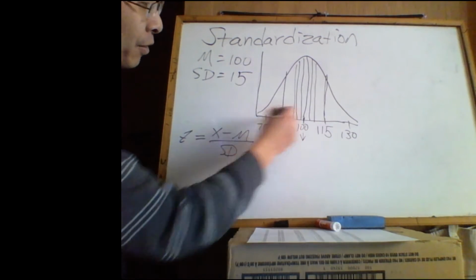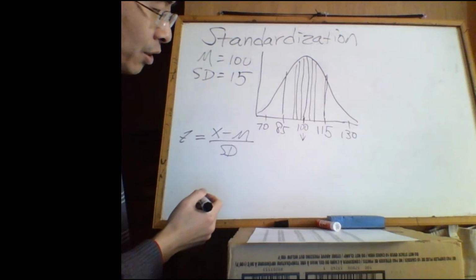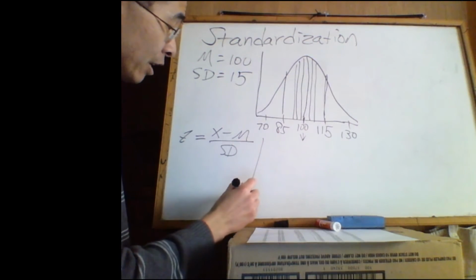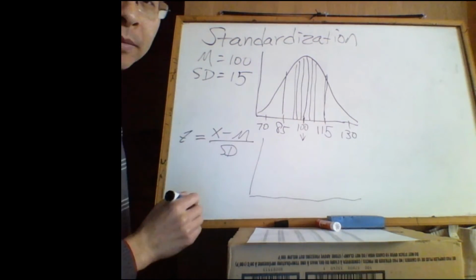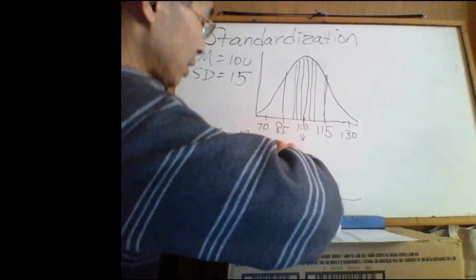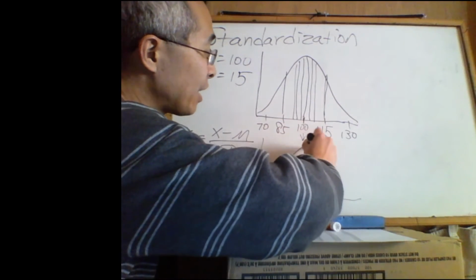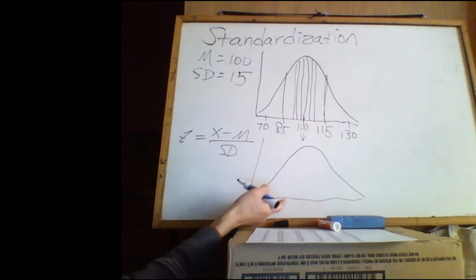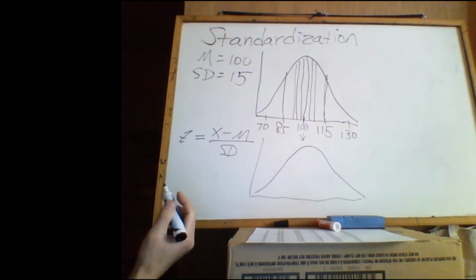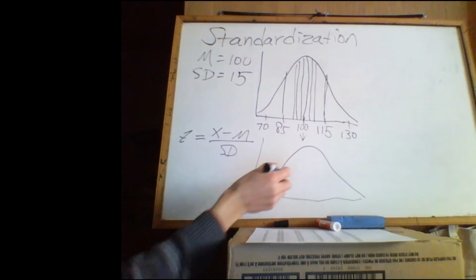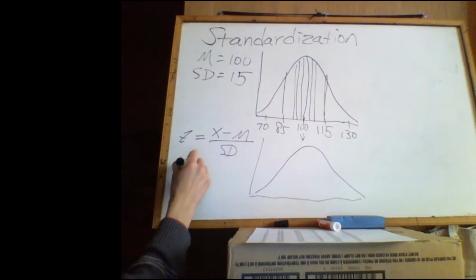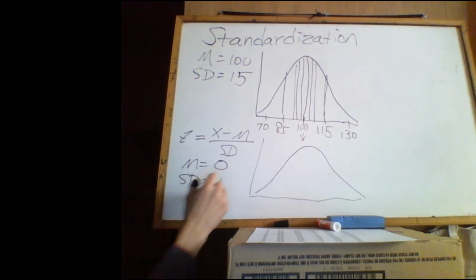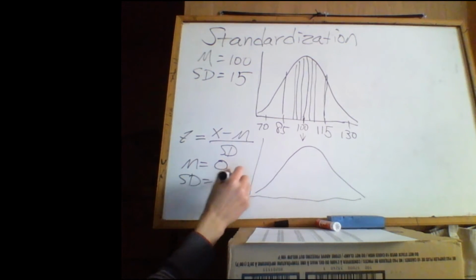Now, if we convert those scores into z-scores, that is called standardization, and then we will have a new distribution, exactly the same as this one, except all the scores have been converted into z-scores. This distribution will have a mean of 0 and a standard deviation of 1. Okay, this is the z distribution.